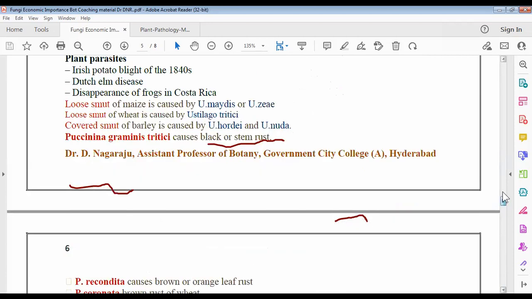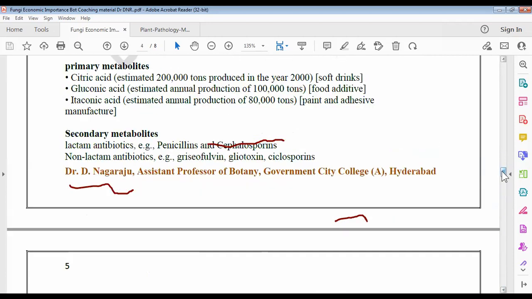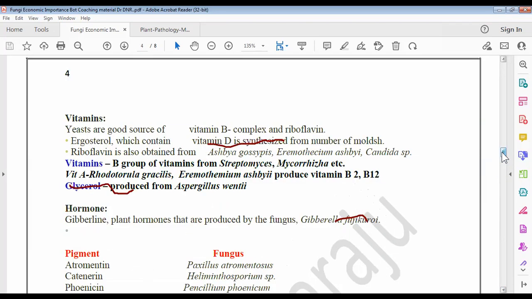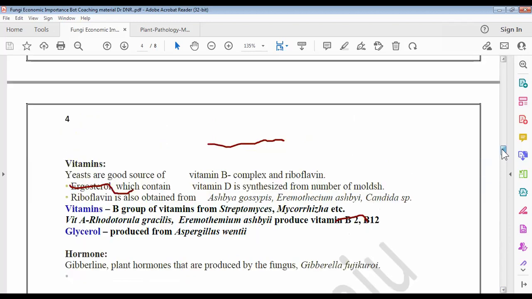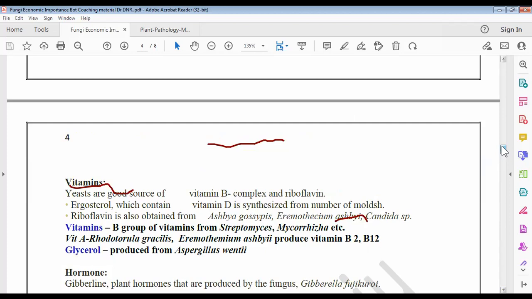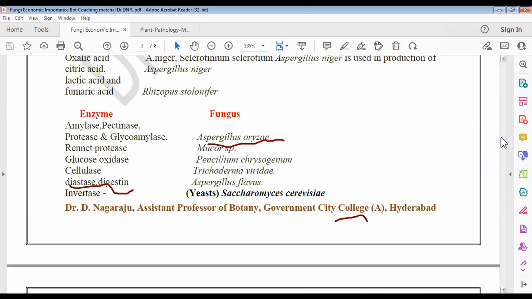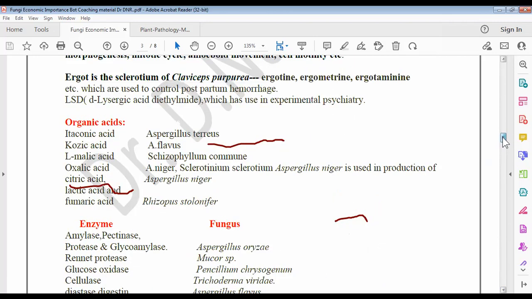From the penicillins, question raised. From the mushrooms, question raised. From the biotechnological point of view, in the research point of view, which fungi we use, that also question raised. From the mycorrhiza also question raised. From the enzymes also, there is a chance for questions: enzymes, vitamins, acids.